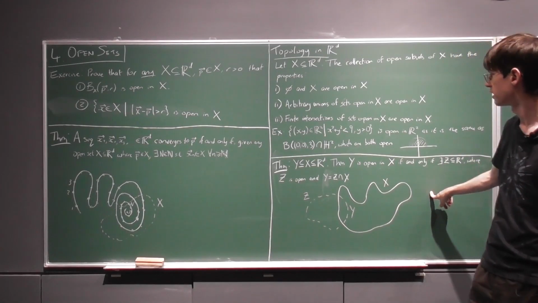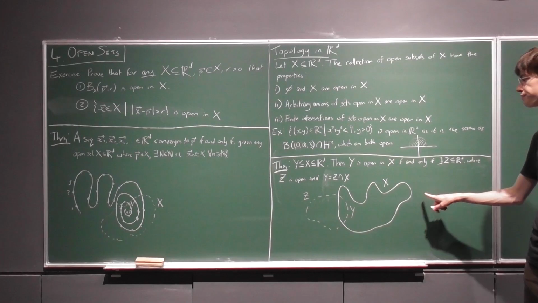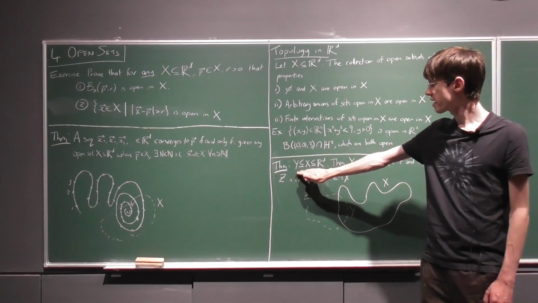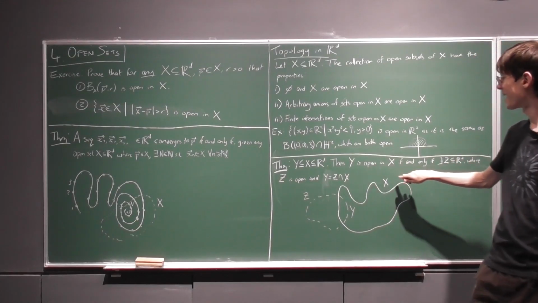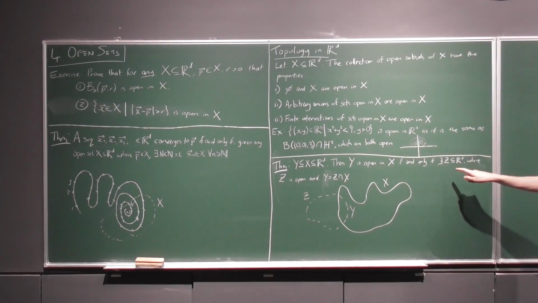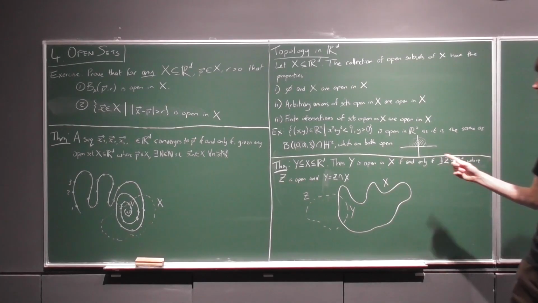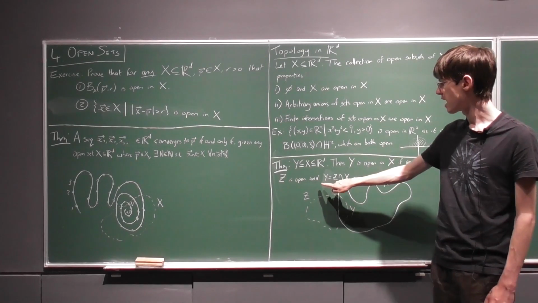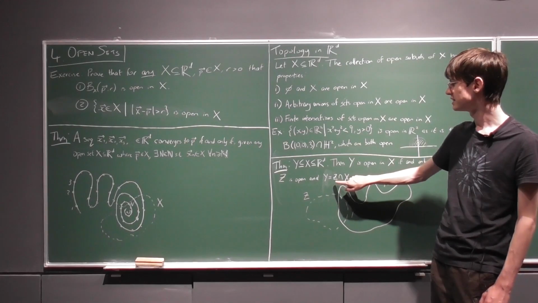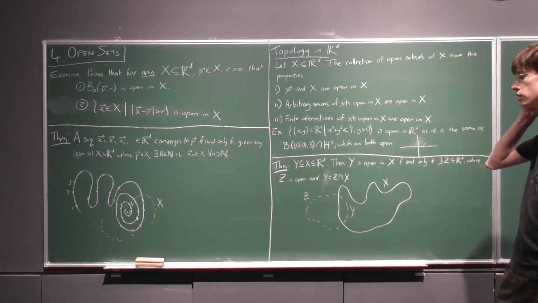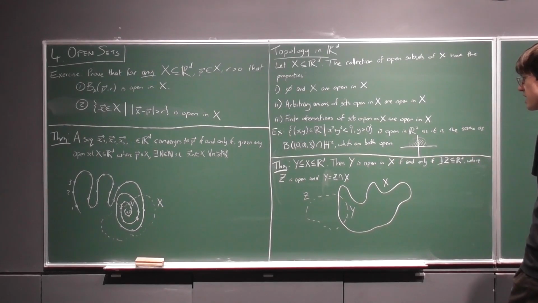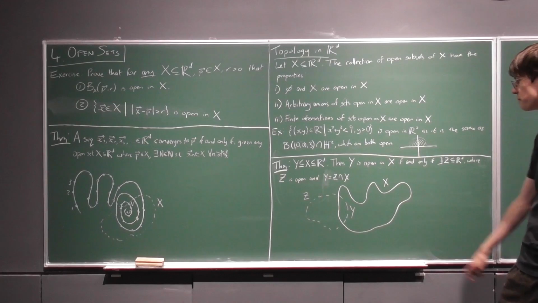Now this is a very interesting result. It says that if we have Y as a subset of X, which is a subset of Rd, then Y is open in X if and only if there exists some third set Z in Rd, where Z is open in Rd and Y is of the form Z intersection X. So this might seem obvious one way, right?